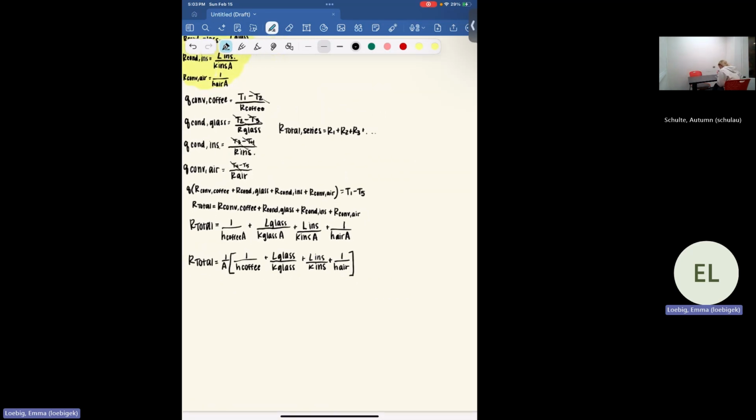And that is how you find thermal resistance for something that is in series.